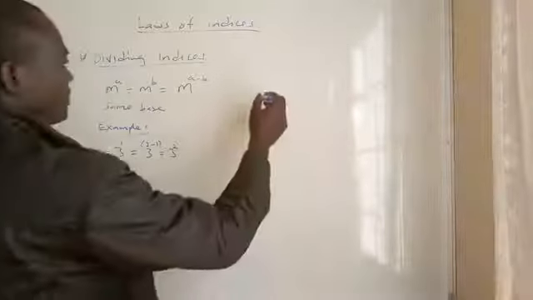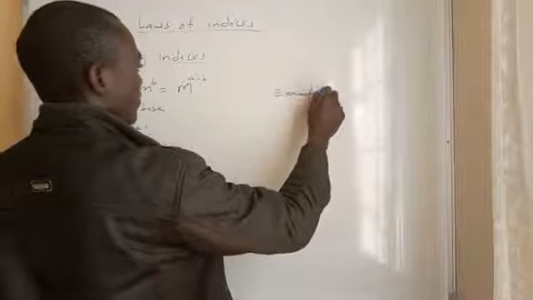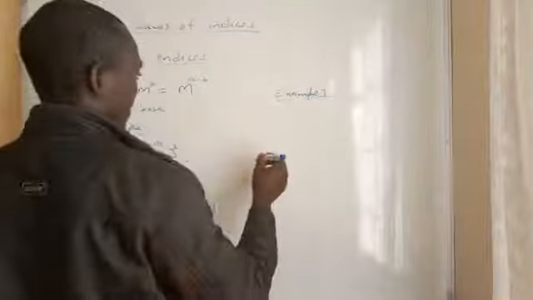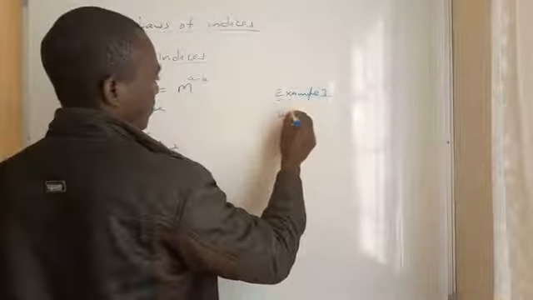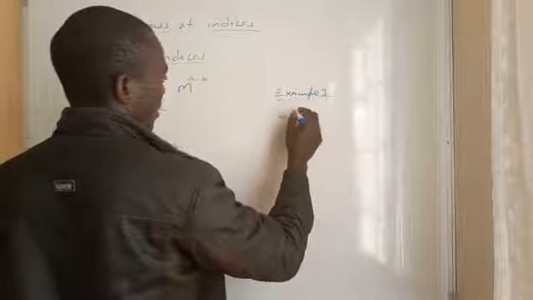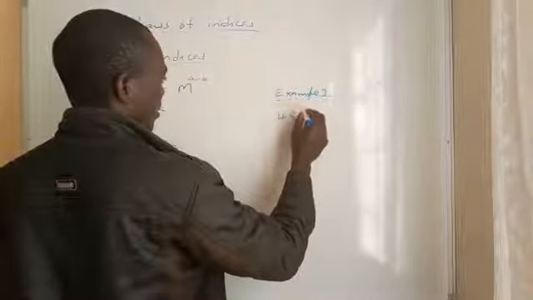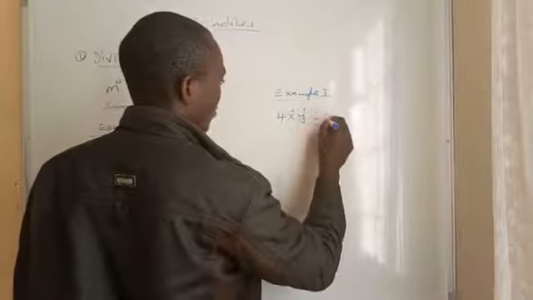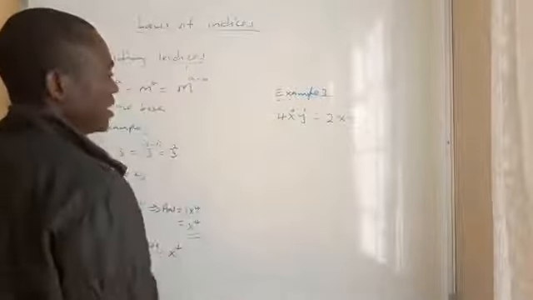Example 3. If I have something of this sort, I have 4x cubed y, let's say x is power 3 and y is power 1. Then we divide by 2xy. Let's deal with this separately.